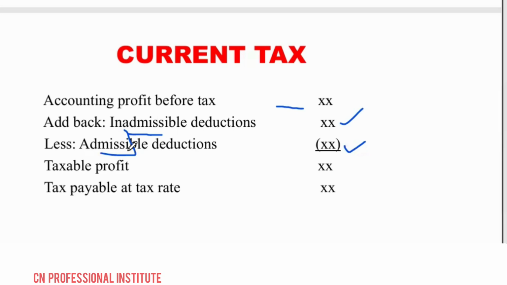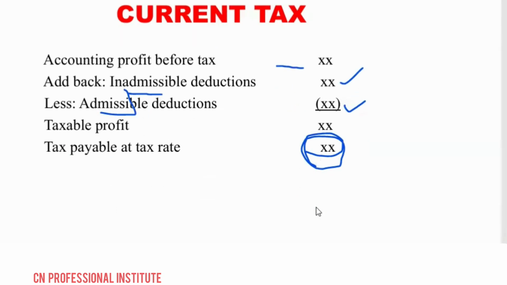If it is an expense that was deducted but it's not deductible, the tax authority will not allow you to deduct it, that will reduce profit, so go and add it back. If there's any other expense that's allowed to be deducted but we have not yet deducted it, then deduct. When you get the answer, apply the tax rate on it, and then you get your current tax. So this is how we go about current tax.